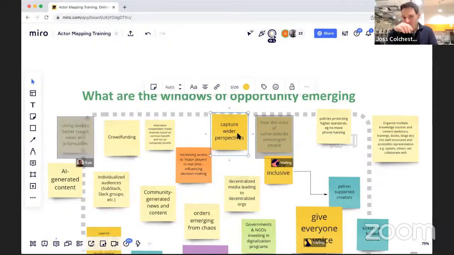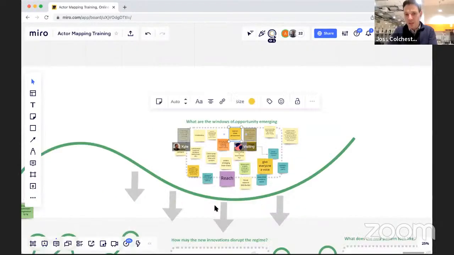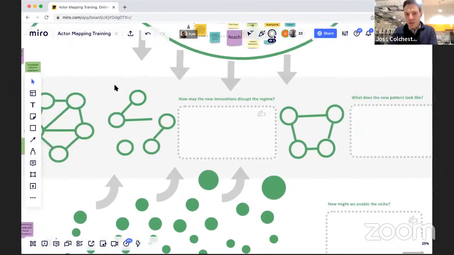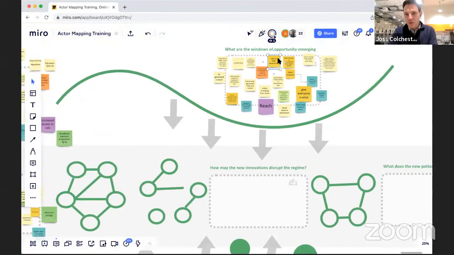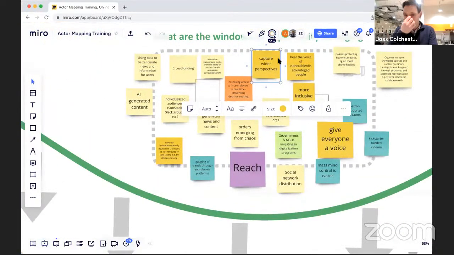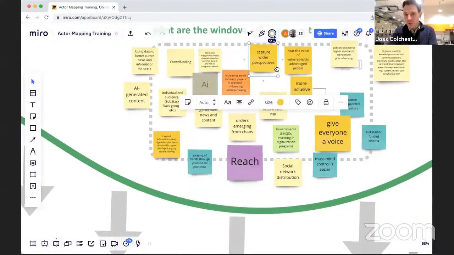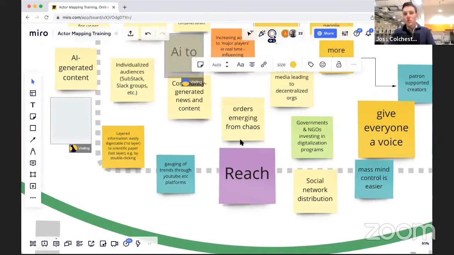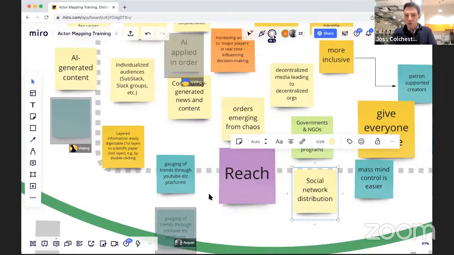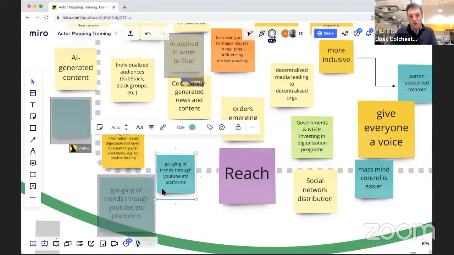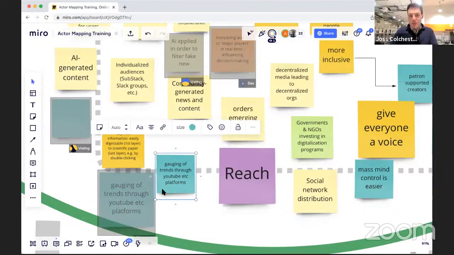Possibly. The established system can only do so much. It's limited in its bandwidth, because it's centralized. Definitely on YouTube and so forth, we can get a lot more perspectives and opinions. Is that going to enable disruption? I'm not sure. Order emerging from chaos, reach, social network distribution, gauging of trends through YouTube, platforms.